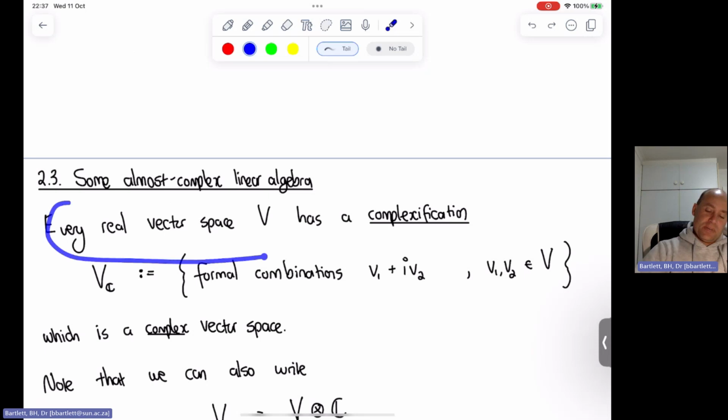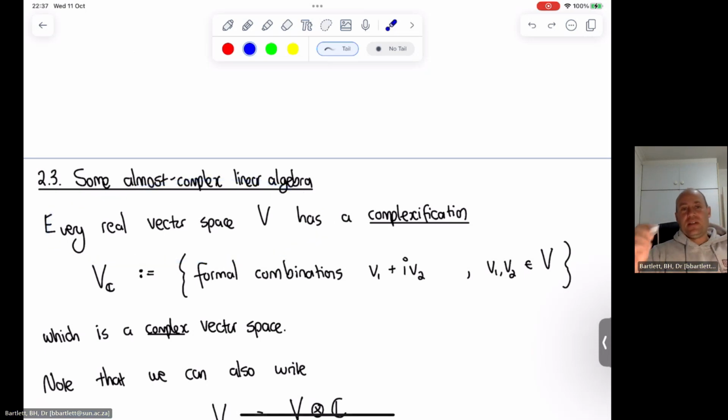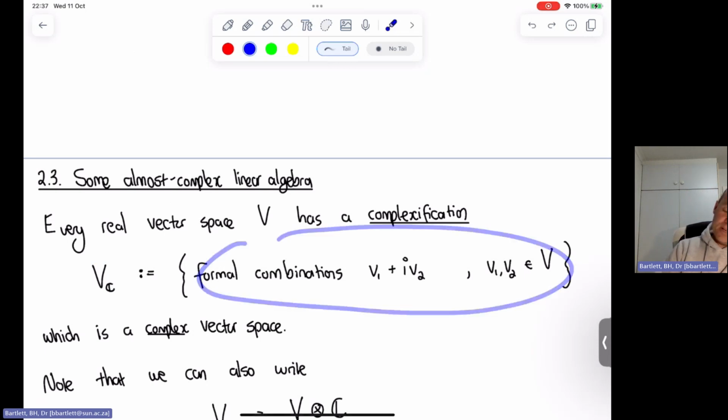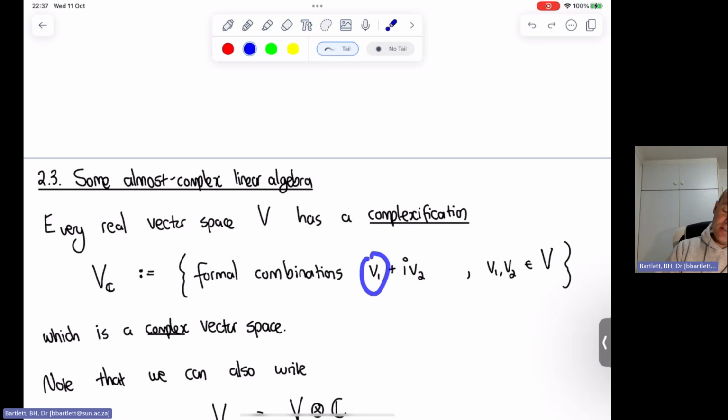So suppose I've got a real vector space V. Then you can complexify it, and I'll write that as V subscript C. By definition, as a set, it's going to be the set of formal combinations of the form given by a vector in V plus i times a vector in V. So this is just a formal algebraic construct.